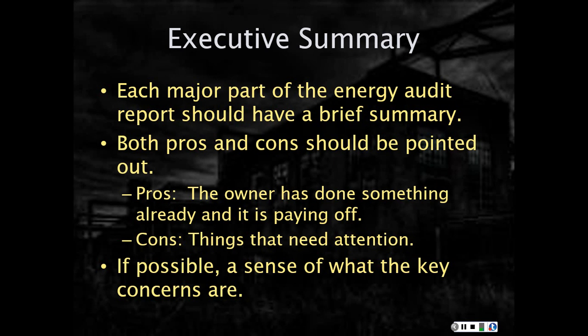If possible, a sense of what the key concerns are. So in this summary, you should highlight key areas, possibly some of the biggest savings areas or some of the major concerns, a major leaky steam trap, something that's really burning up a lot of energy, those types of things.